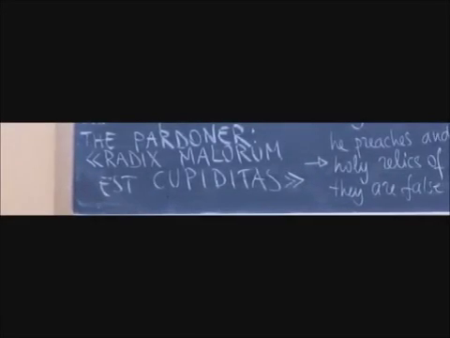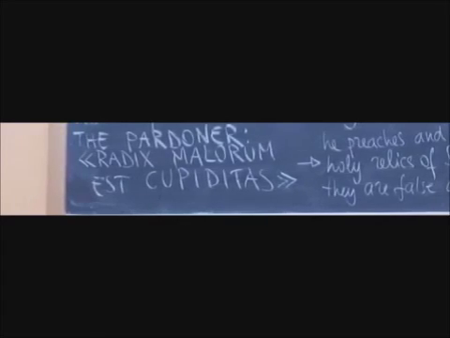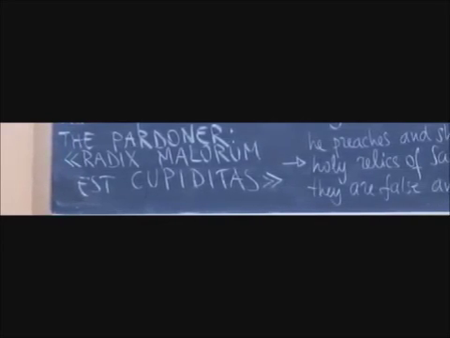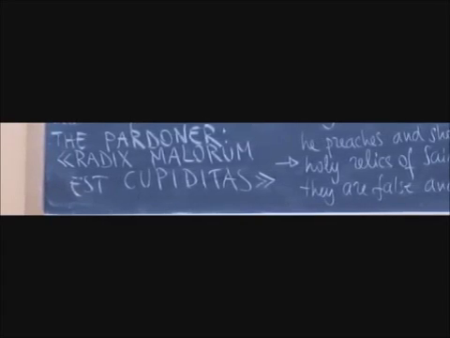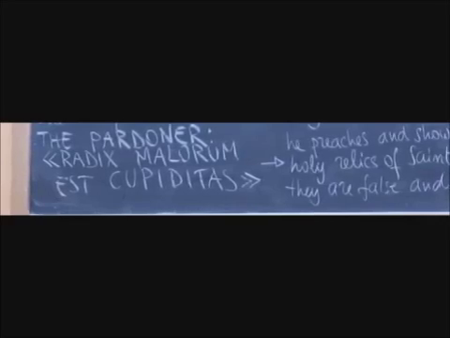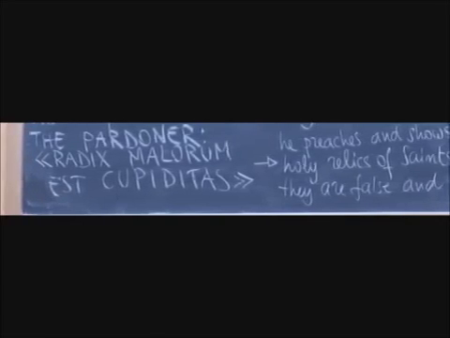Look at the pardoner. His motto is radix malorum est cupiditas. She uses this motto to explain how people should get rid of their money and their wealth, and they should give it all to him.